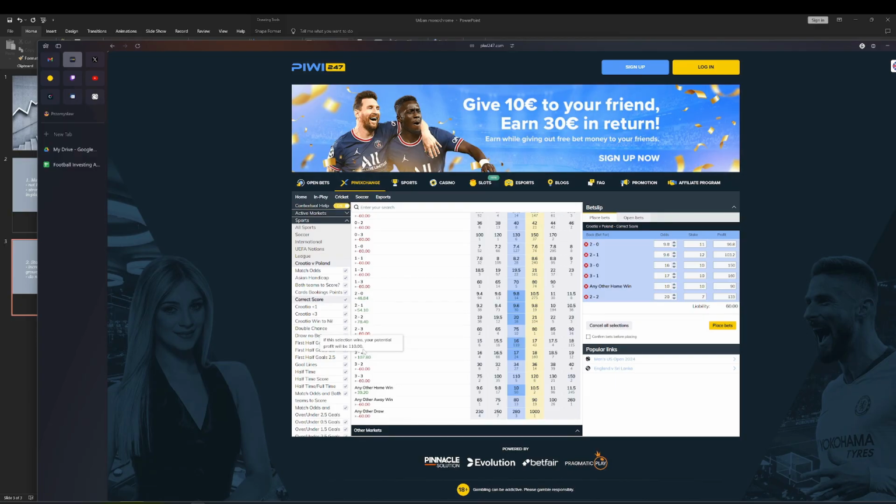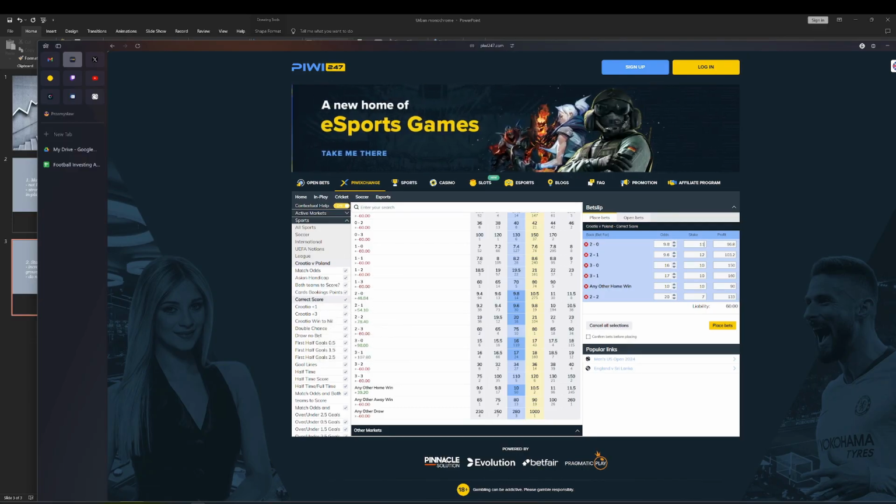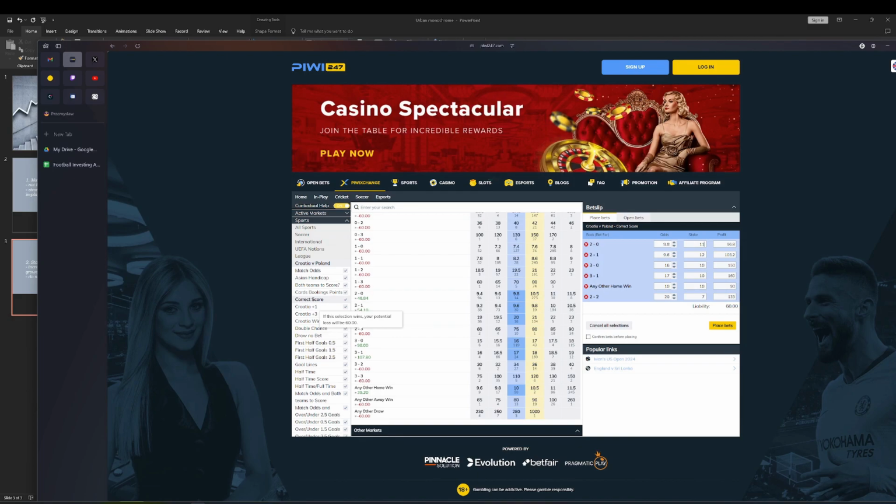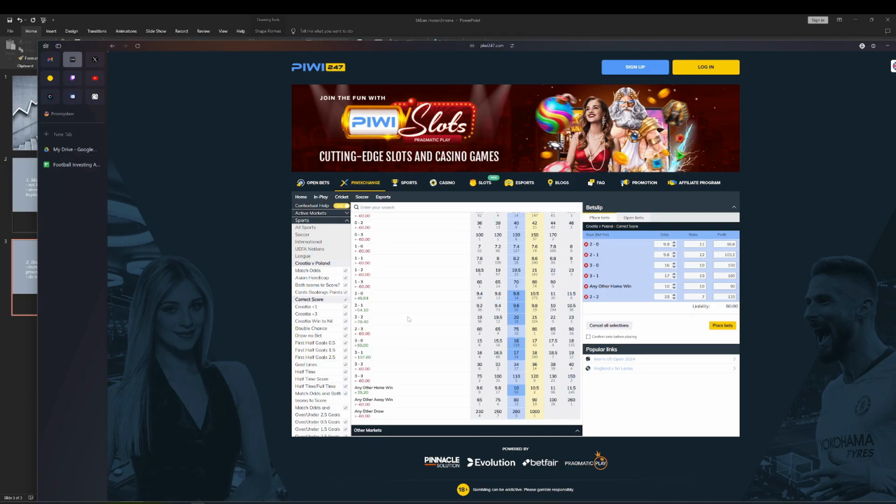The highest scores, I have way more than 100. I could probably even this out to make 100. And I think it's fair. The match odds were 185. So if you can do 100% profit on the correct score market if Croatia wins, you're doing great, right?